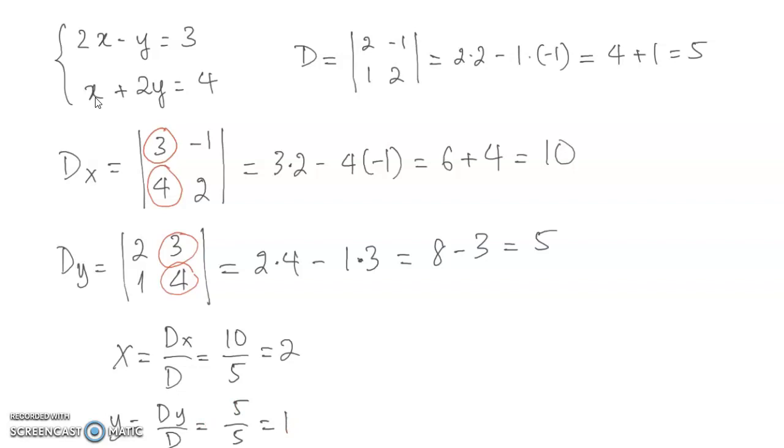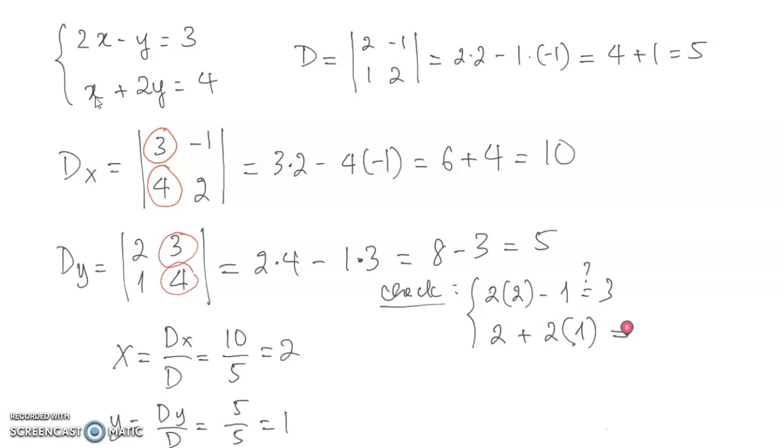Now, if you are not sure about it, I always advise you to do a check. So let's put it in. 2 times x would be 2, minus y which is 1, equal to 3, right? And then we have x is 2 plus 2y.